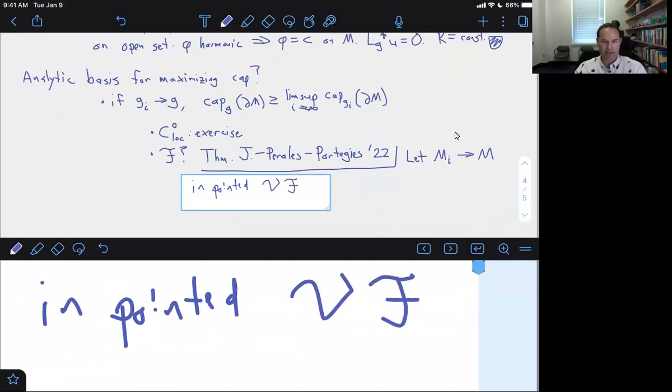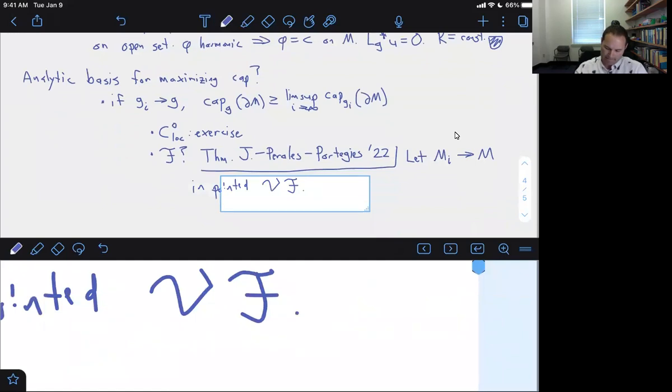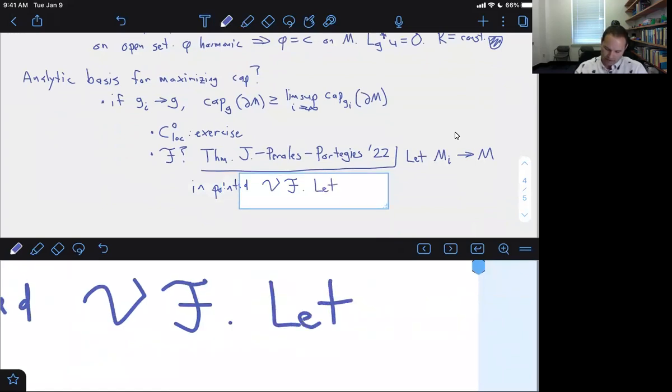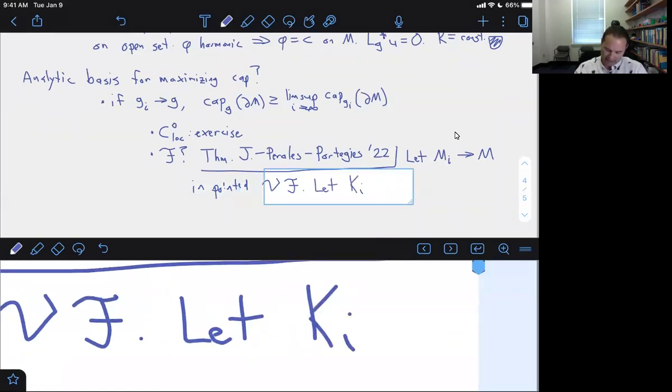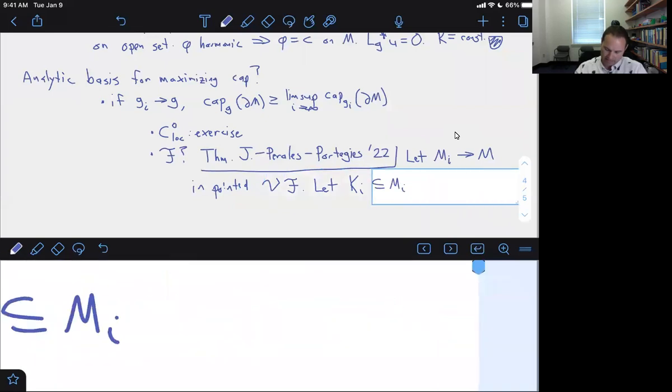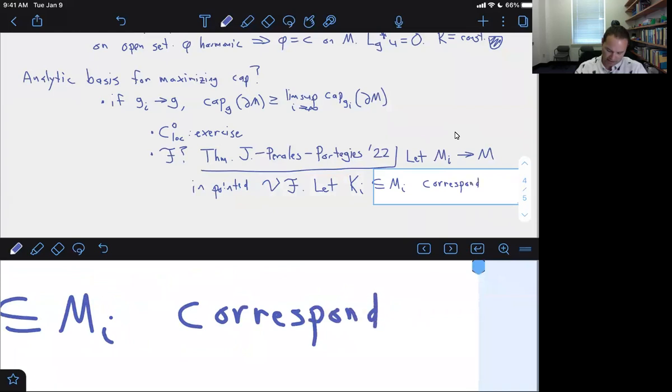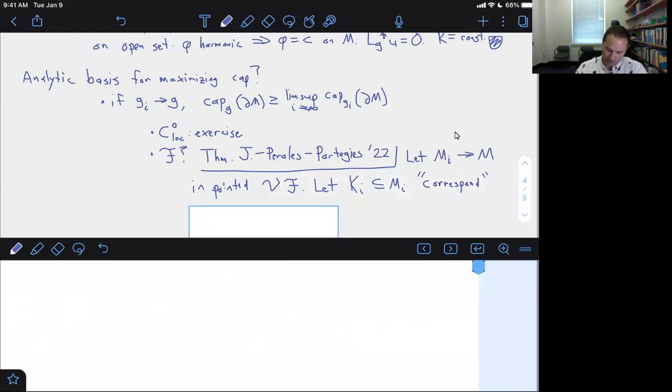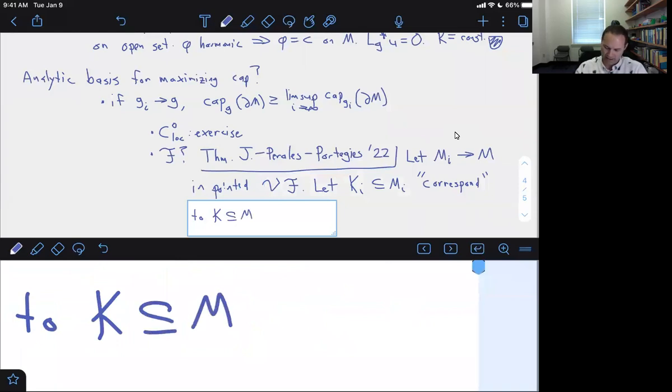VF is intrinsic flat convergence with volume preserving. Okay. And I'm going to be a little vague here, but let K_i, a subset of M_i, correspond. There's a way to make this precise, but I'll just say let it correspond to K, a subset of M. K_i and K are compact here.